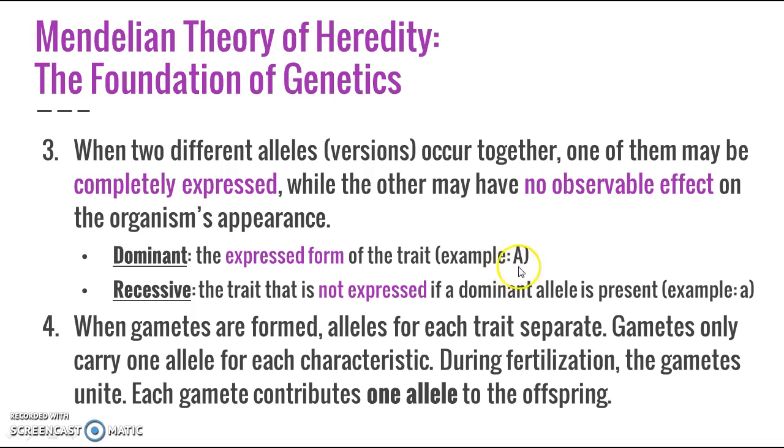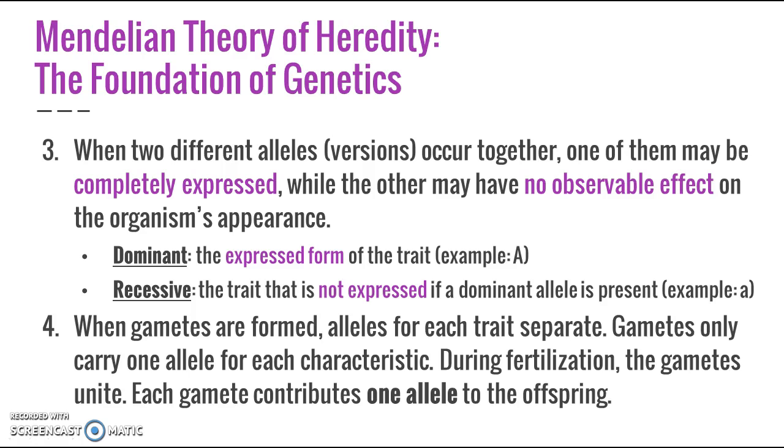And we look at this as a capital letter to show that it is dominant. It is the version that will be seen. On the other hand, we use a lowercase letter to show a recessive trait, meaning the trait that's not expressed, the version that you don't see because it's hidden by the other.